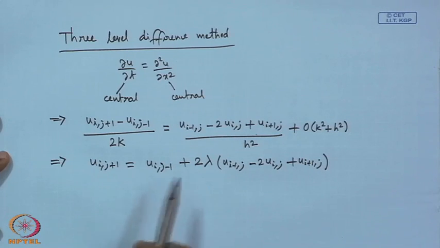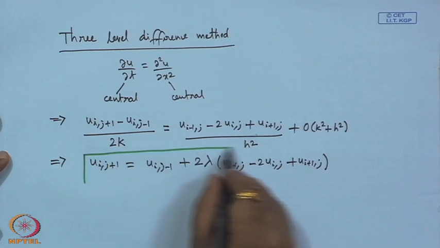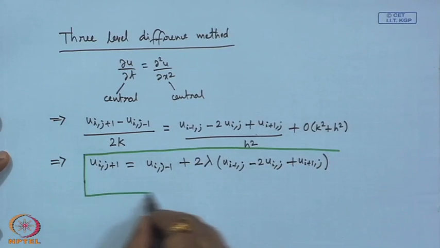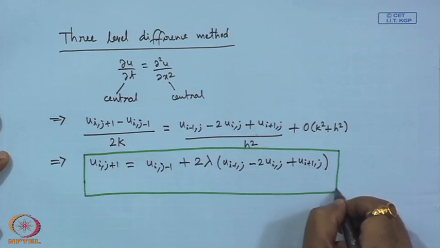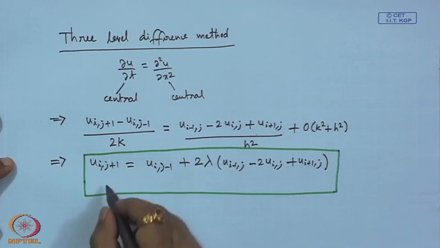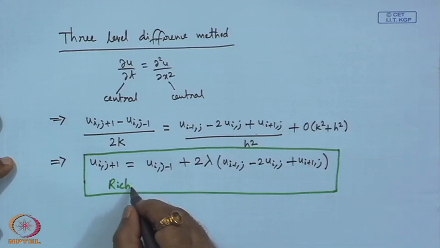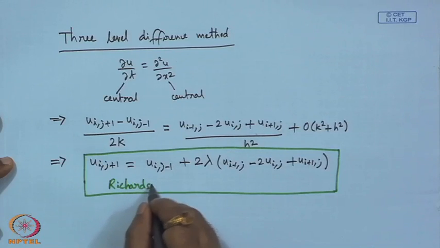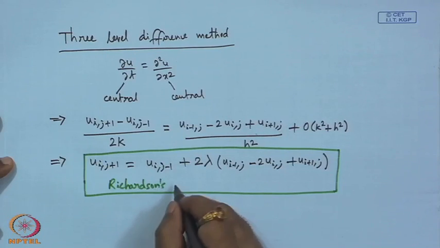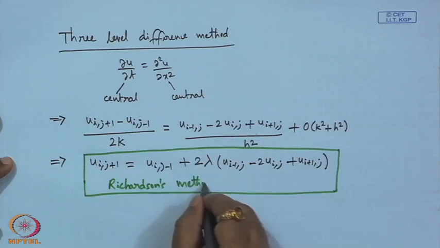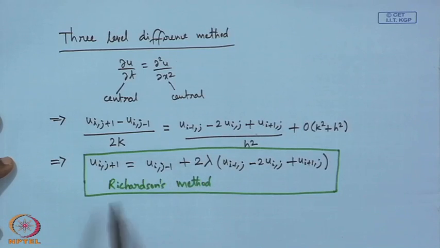So, this is Richardson's method. When we say 3 level, j plus 1, j minus 1 and j.